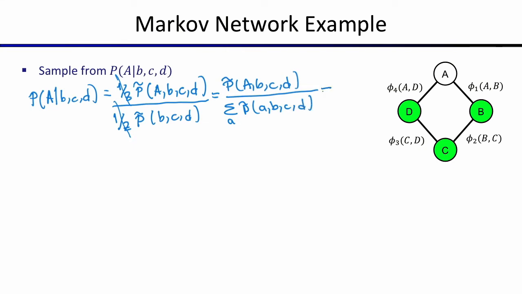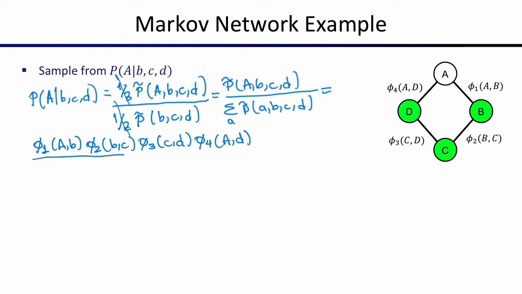Okay, now it's a good time to introduce the Gibbs distribution. That's going to be the multiplication of the factors. So we're going to start with the phi1 over variables A and B, times the phi2 over variables B and C, times the phi3 over variables C and D, times the phi4 over variables A and D. It's going to be divided by the sum over A of the same factors.